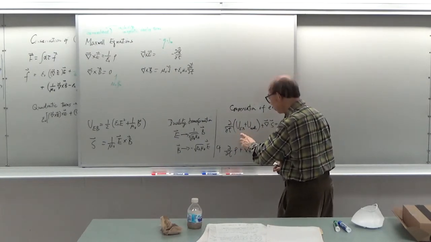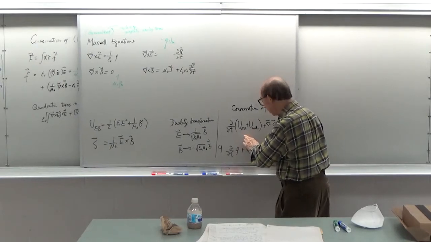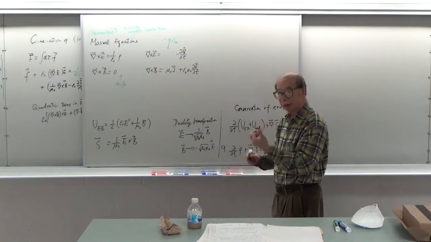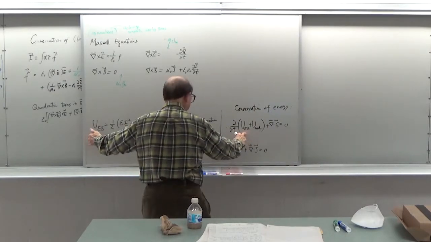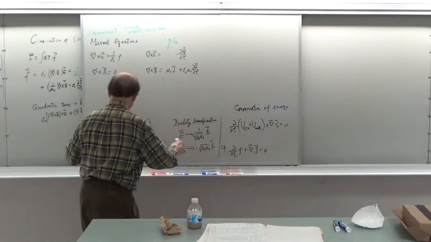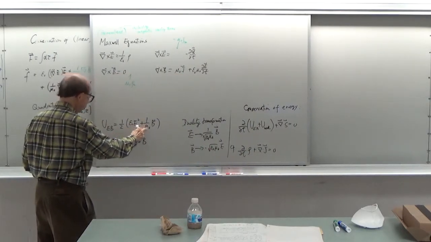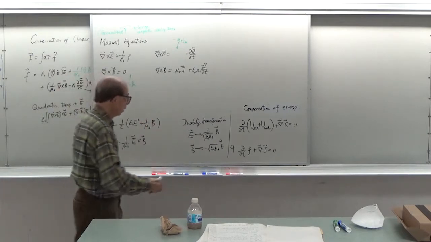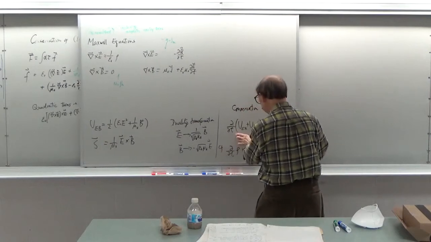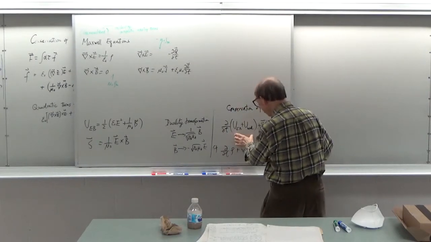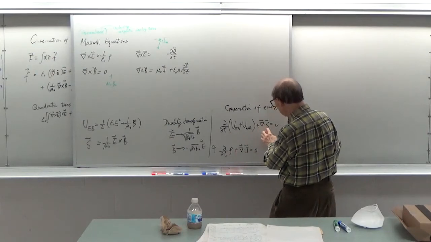One term refers to the energy density carried by the electromagnetic field, and the other is the energy for the charged particles. The energy density for the electromagnetic field is given by 1/2 epsilon naught E squared plus 1/(2 mu naught) B squared. This is the counterpart of charge density, plus the divergence of S.